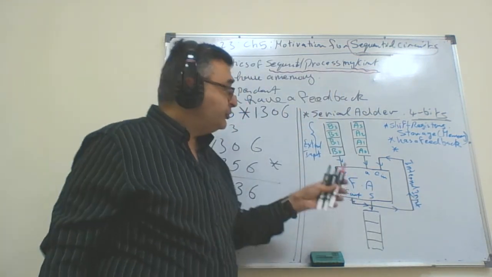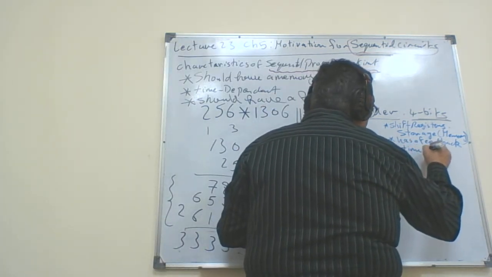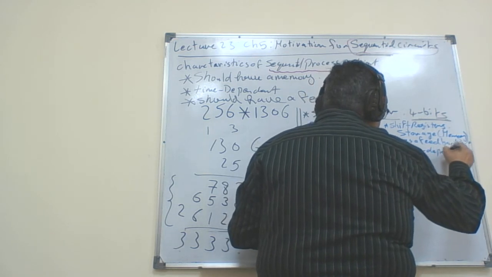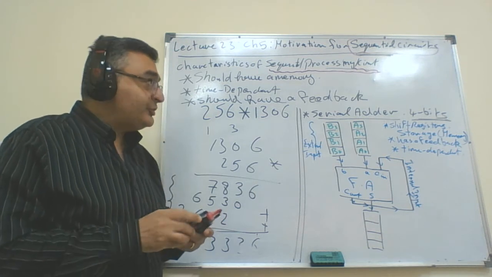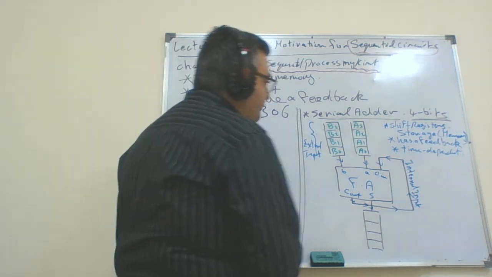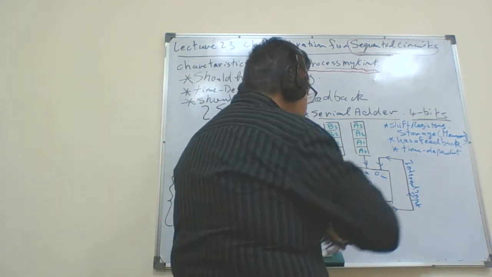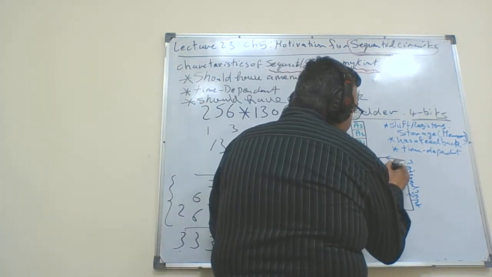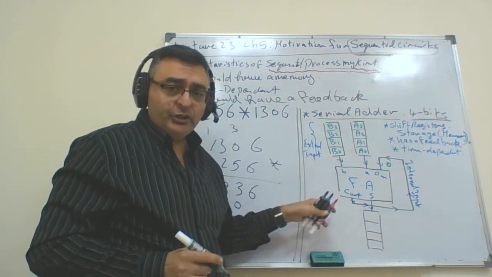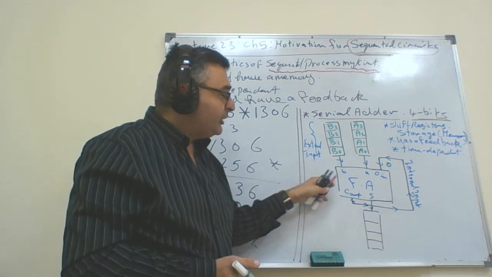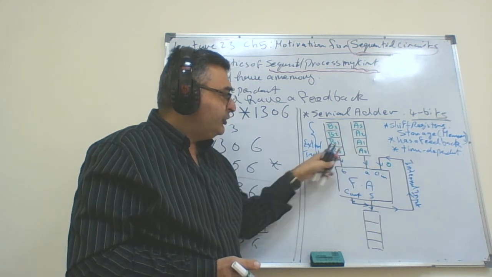Now, in order to realize the time dependency of the output, we have to go through steps. In the first step, to see how this circuit would work, I will assume that Cin initially equals 0. I will trigger the system to work. The full adder will add 0 to A0 to B0.